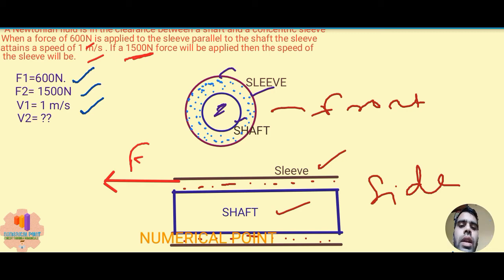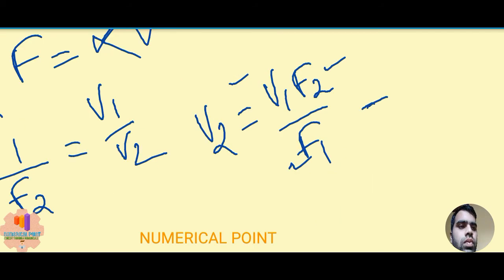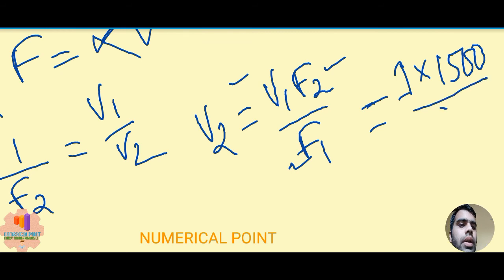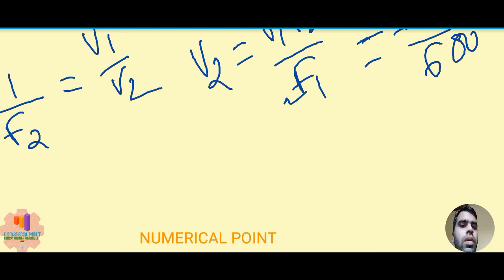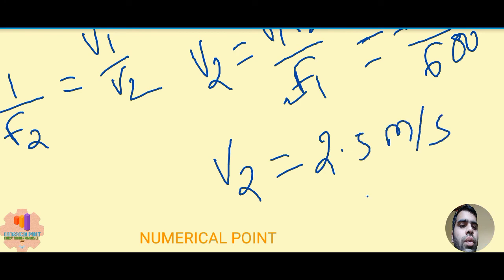Putting all these values in the equation, it will be 1 into 1500, that is F2, by 600, that is F1. By solving this we get V2 as 2.5 meter per second. So this is the answer of the third question.